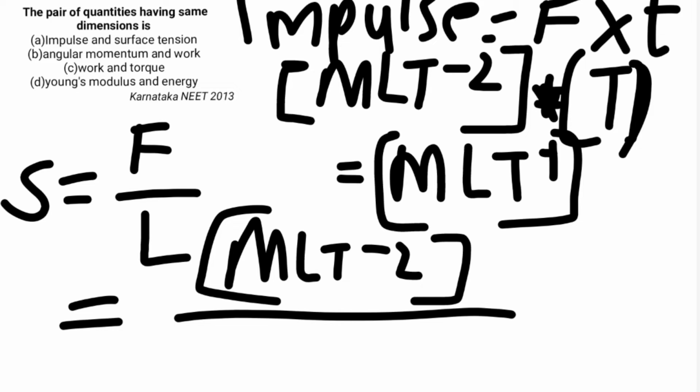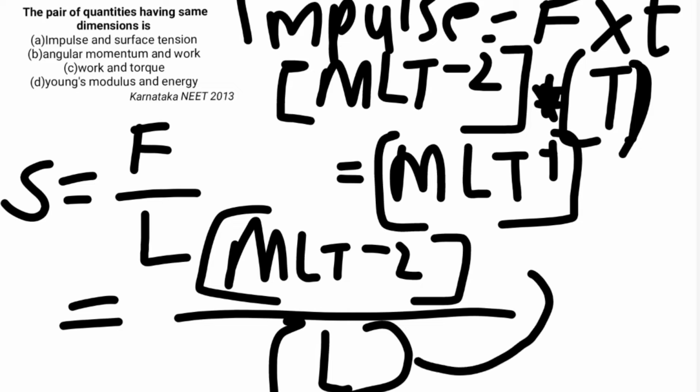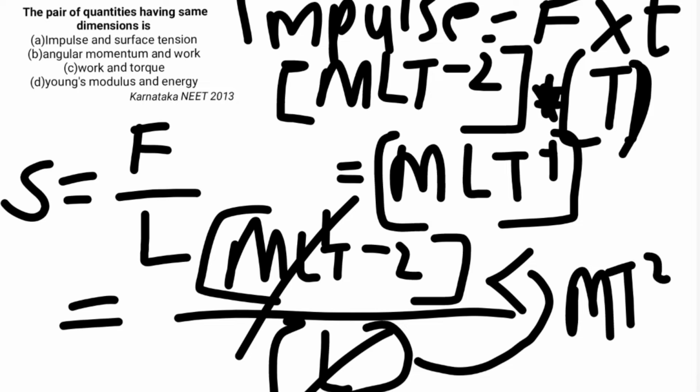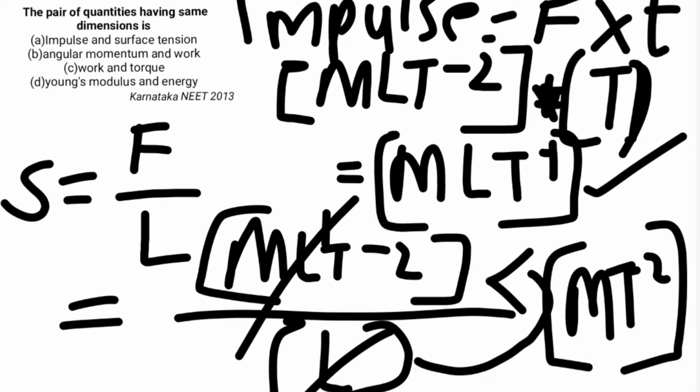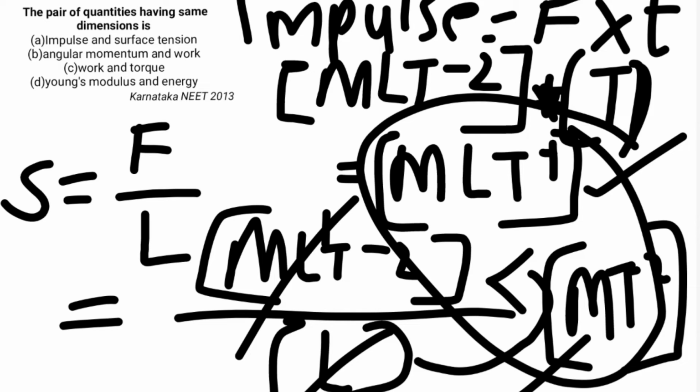The dimension of length is L. When L comes up, L raised to minus 1 and L raised to 1 cancel out. Then MT raised to minus 2. Look, the dimension of impulse is MLT raised to minus 1 and the dimension of surface tension is MT raised to minus 2. Both dimensions are not same, therefore the first option is not correct.